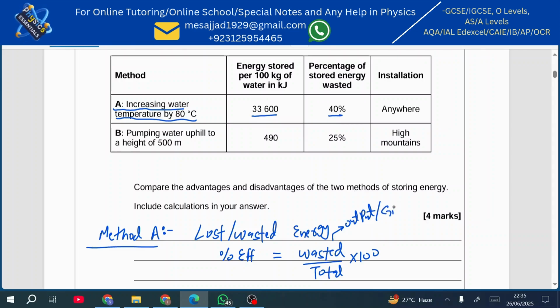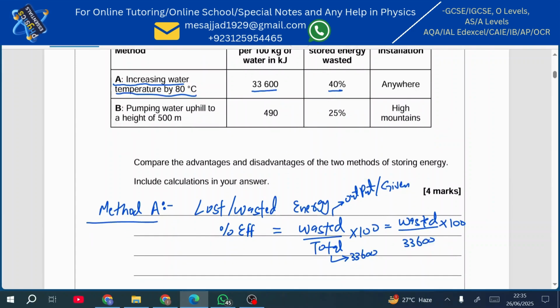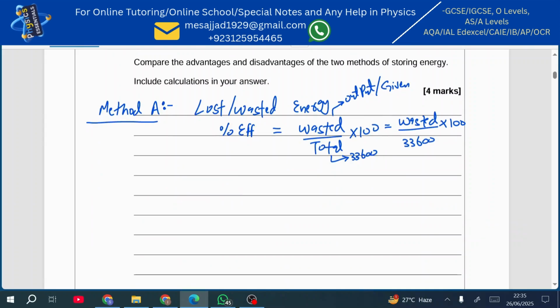The given and the total is 33,600, right? So you can say that the wasted one we don't know, we need to calculate that. The total one is about 33,600, so you are just writing 33,600 into 100. All right, the percentage of the lost amount of the heat is 40.